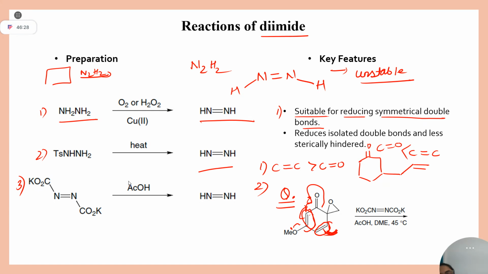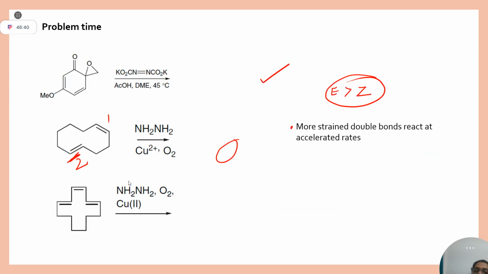And in the third, this can be called a diazo compound, which in presence of acetic acid can give you diamide. So this you have to memorize, okay? And if you know everything, tell me the correct answer to problem number third of this page.